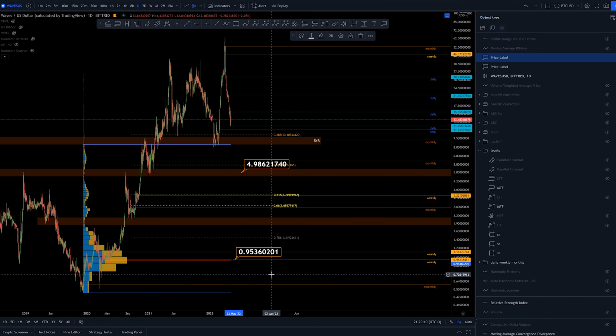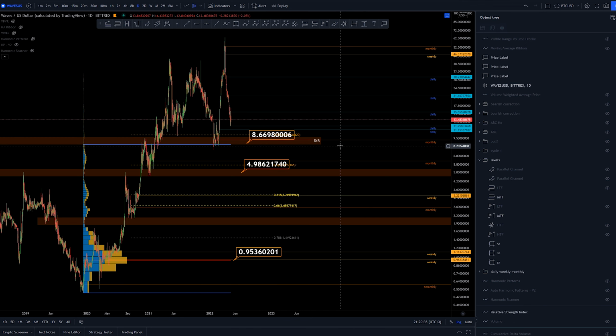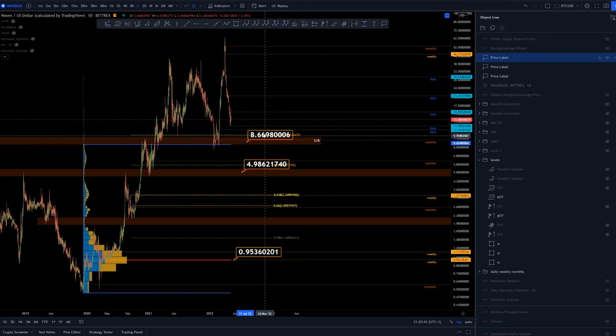Anything above here is again interesting, this range value area high, which is pretty much lining up with this monthly and this support area as well, around $8.60. This is a big area, around 10%, 12%, so it is definitely just a zone of interest.